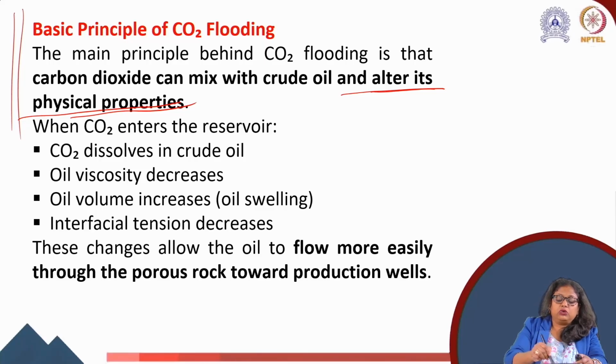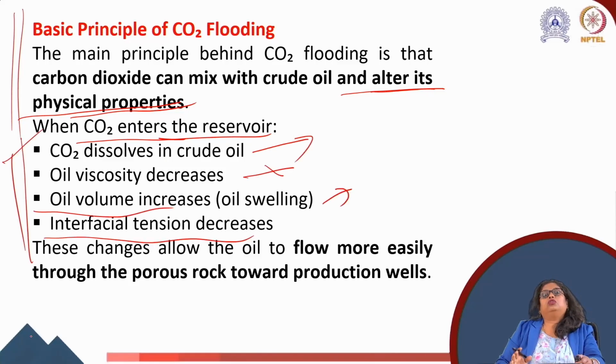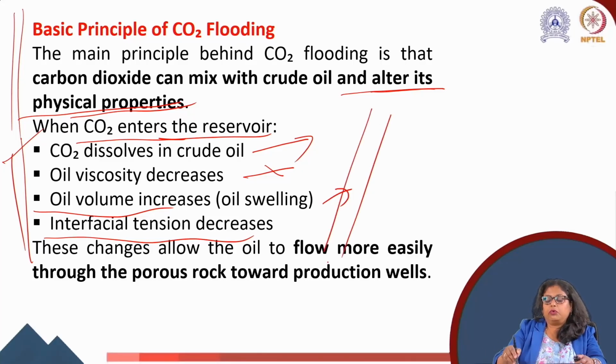So when CO2 enters the reservoir, it dissolves in crude oil, so oil viscosity decreases, oil volume increases, or interfacial tension decreases. These phenomena assist in producing more oil. These changes allow the oil to flow more easily through the porous rock towards your production field.